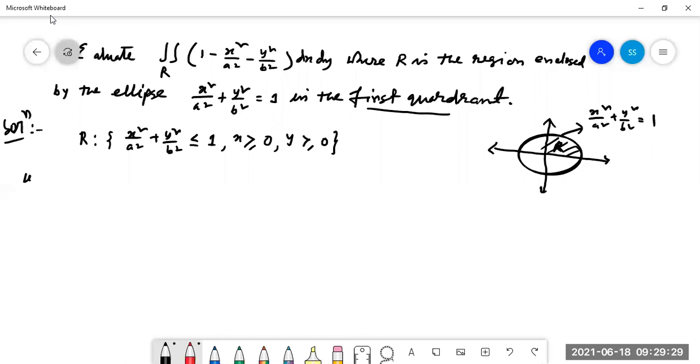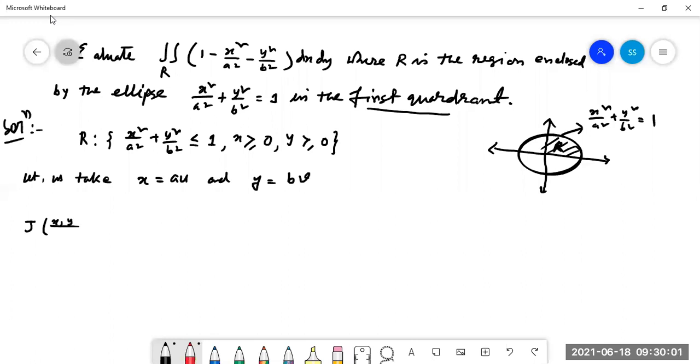Let us take x equals au and y equals bv. We are taking this transformation, right? x equals au and y equals bv. Then we have to make the Jacobian. The Jacobian should be J of x, y by u, v.